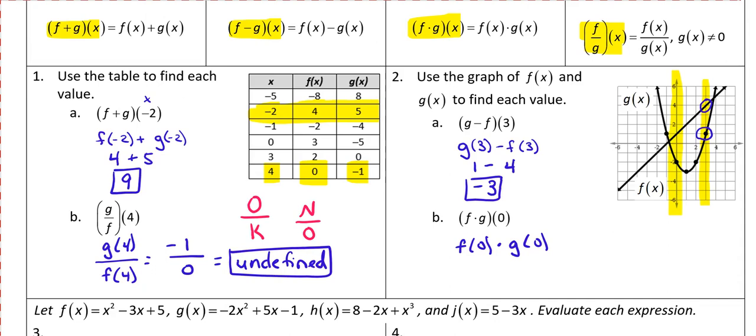So let's see, if we look for f of 0, that's the line, and that point is right here, so that's the point 0, 1, times g of 0 is down here at -2, and 1 times -2 is just -2. So that's finding operations of a table or a graph for a function.